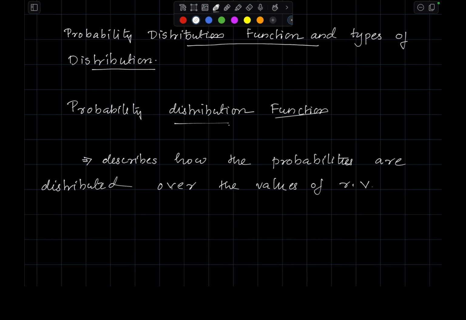So similarly, if we try to understand this topic, we have to cover how probability distribution function is defined in case of discrete random variable and continuous random variable. So in case of continuous random variable, we will be using the term probability density function.